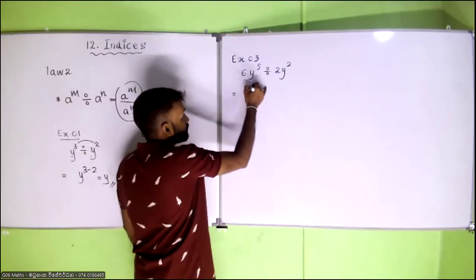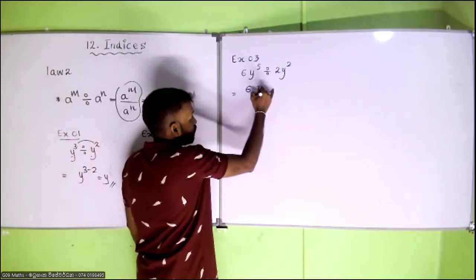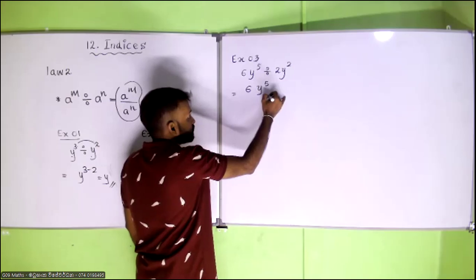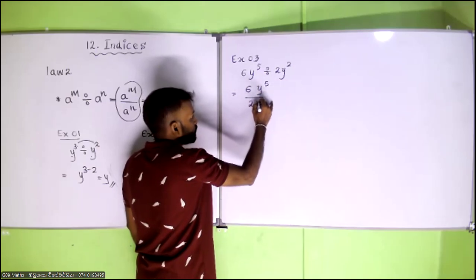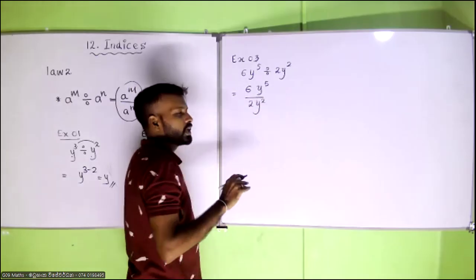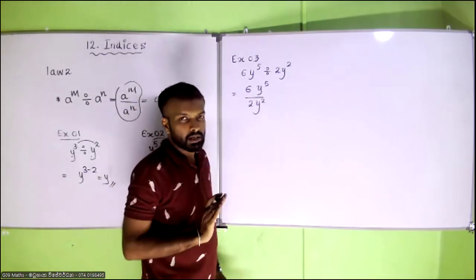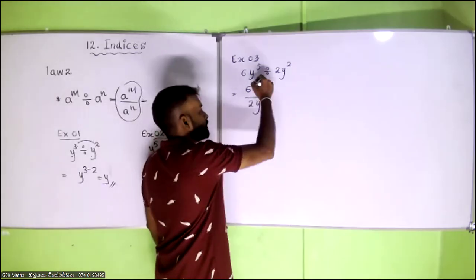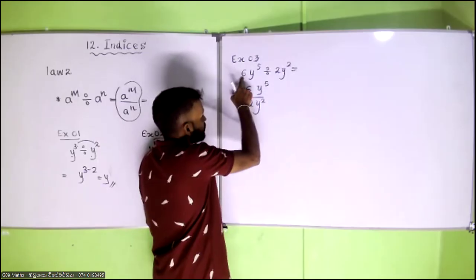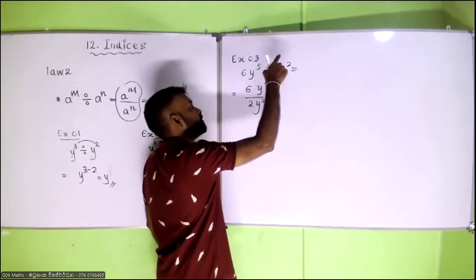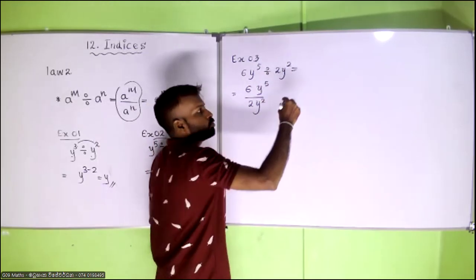So I will write 6y to the power 5 divided by 2 times y to the power 2. If you know that now, there is no need to write like this. You can directly get the answer. 6 divided by 2, 3.